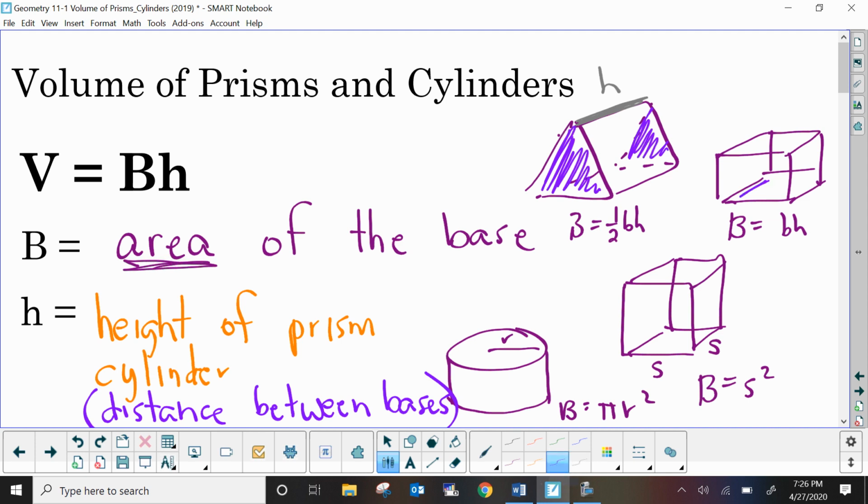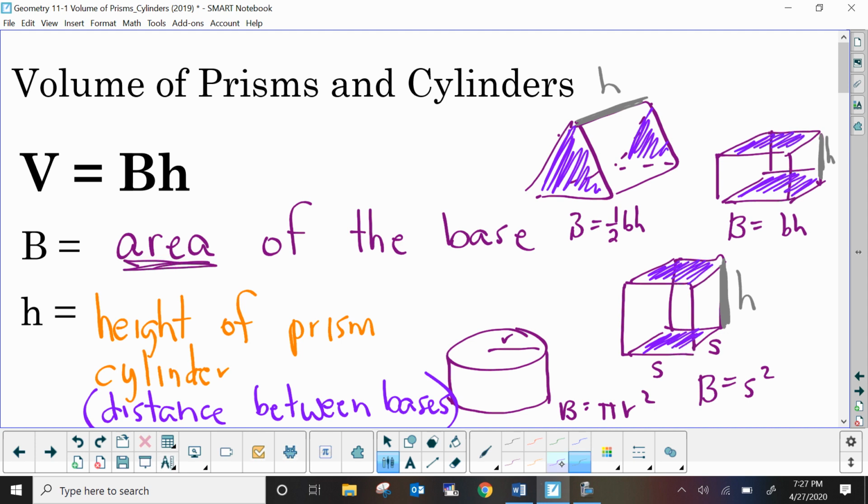For this rectangular prism, since these rectangles are the bases, then the height is the distance between them. Since this square prism has these squares as bases, then the height of that square prism would be the distance between them.